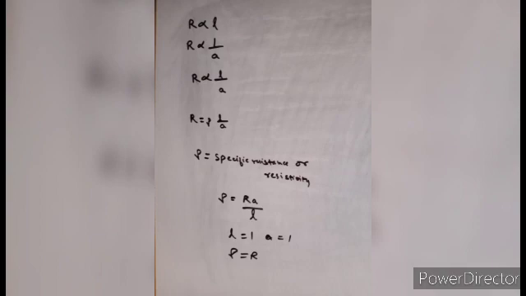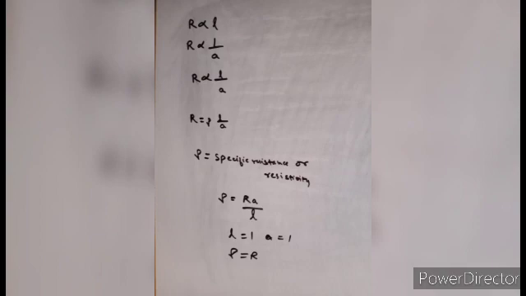Now, what is your specific resistance or resistivity? I told you that R is directly proportional to L and R is inversely proportional to A, which makes R proportional to L by A. Now on removing the proportional sign, you have to put a constant.